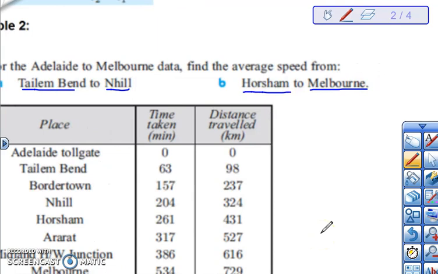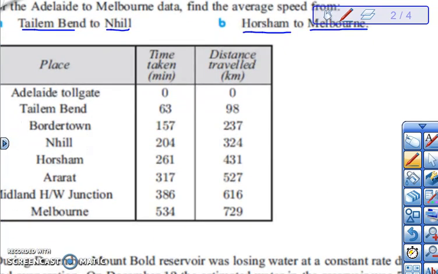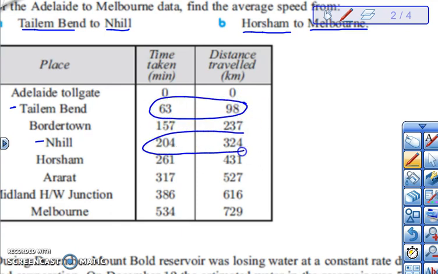But basically, we're just going to figure out how much distance was covered and how long it took to cover that distance. So if we are going from Tailem Bend to Nildottie, well, we started counting at 98 kilometers, and we stopped counting at 324.